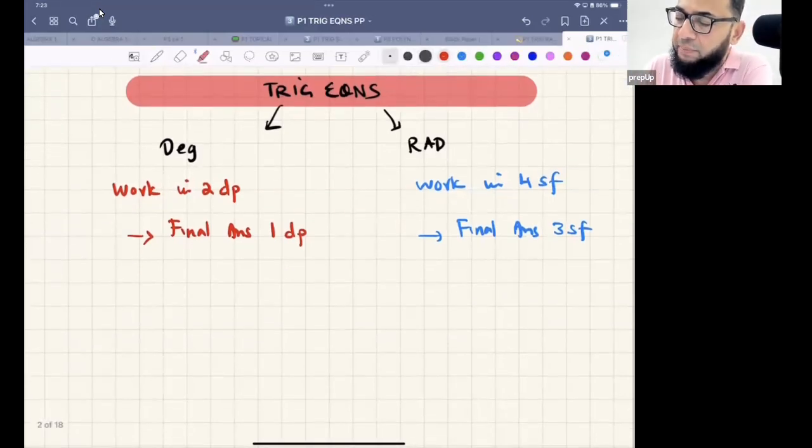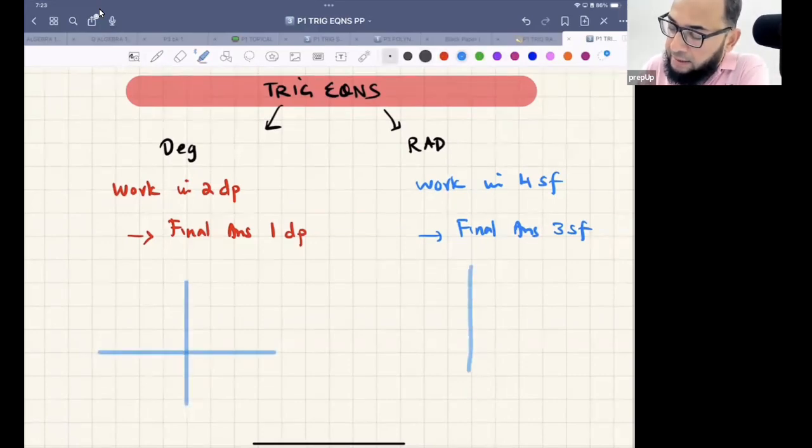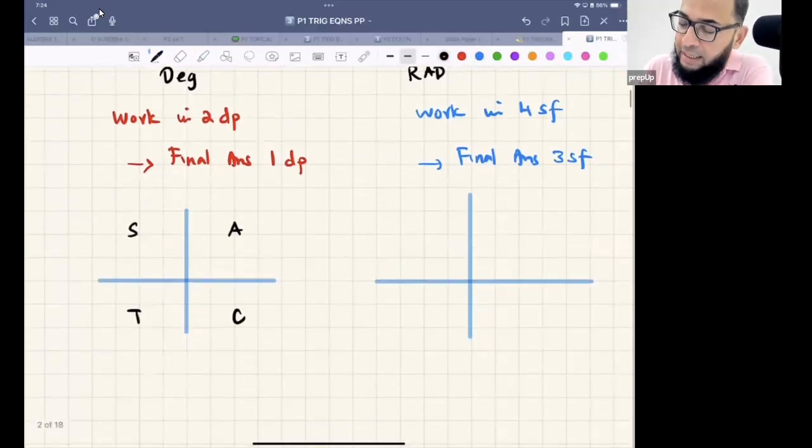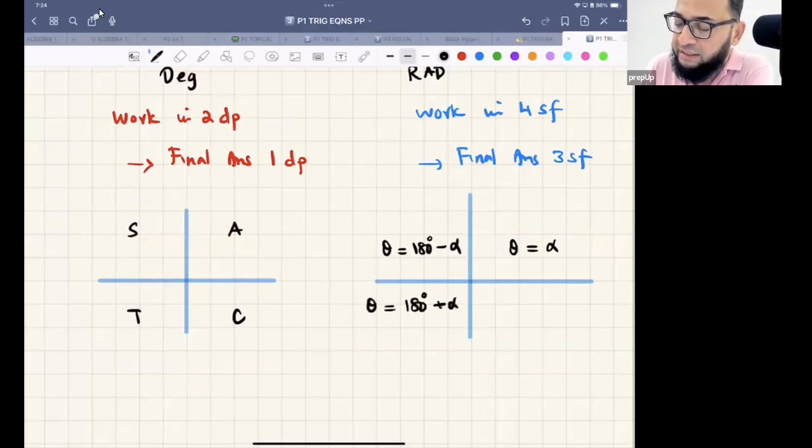Naturally, you should remember the quadrants and all these things. Let me just label it. All the trig ratios are positive in the first quadrant, only sine, only tan, only cosine in the others. In the first quadrant, theta is alpha. In the second quadrant, theta is 180 degrees minus alpha. In the third quadrant, theta is 180 degrees plus alpha.